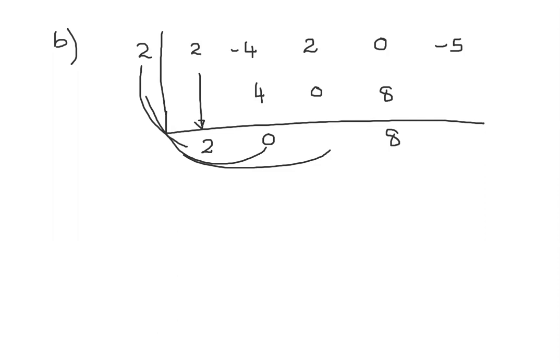And then 2. So 2 times 2 is 4. So we put the 4 here. And then 4 times 2 is 8. 8 minus 5 is 3.